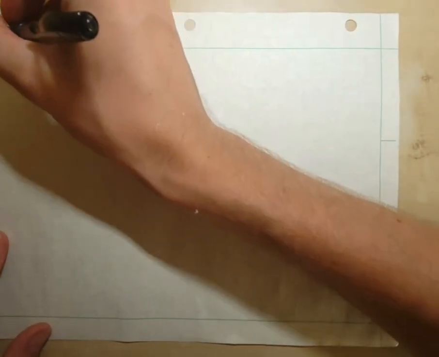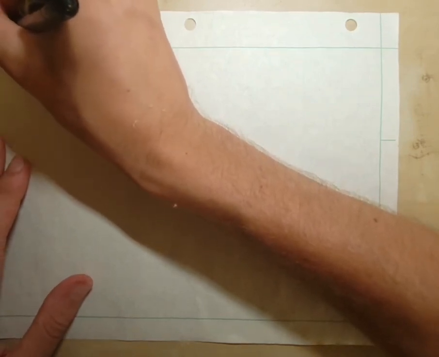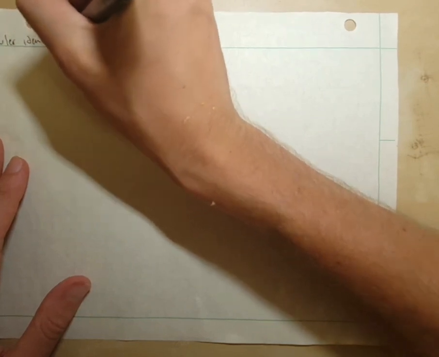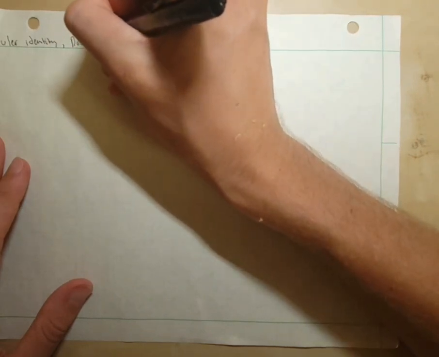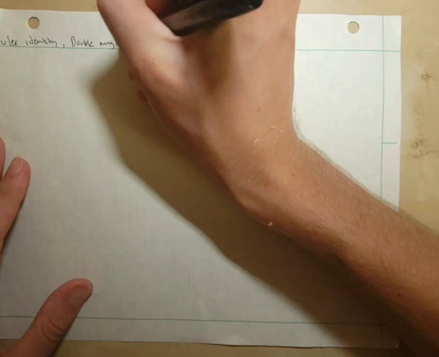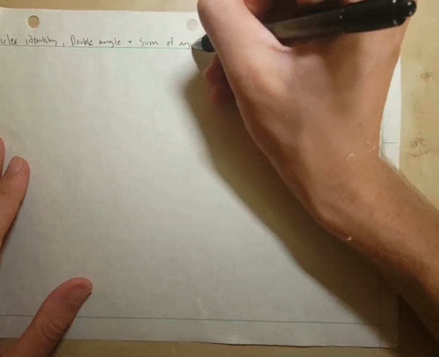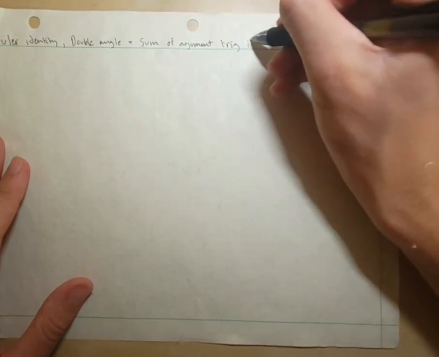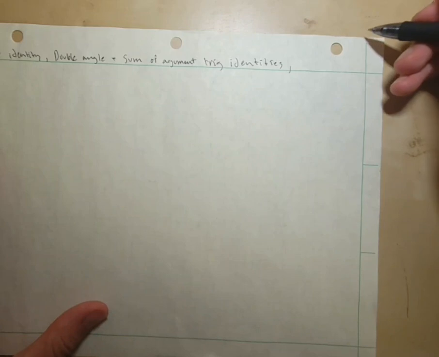Today I'm going to be going over the Euler identity, double angle, and sum of arguments trig identities, and yeah, that'll be all.